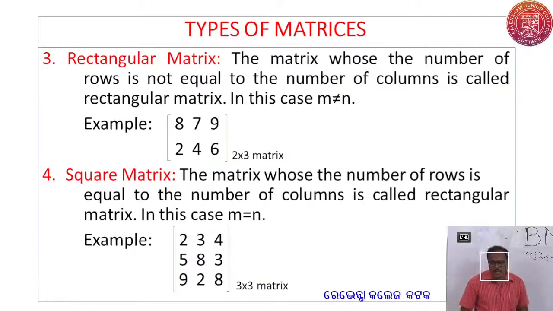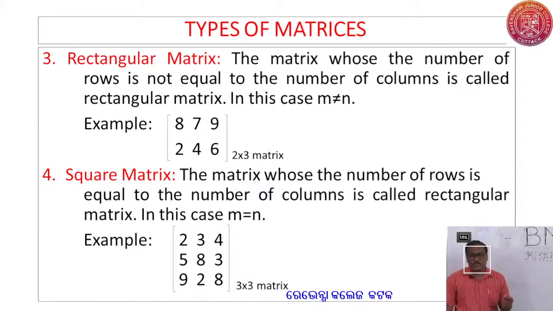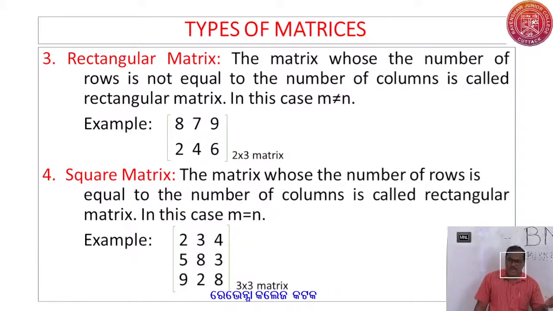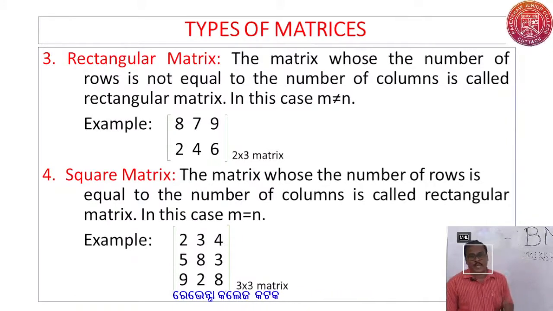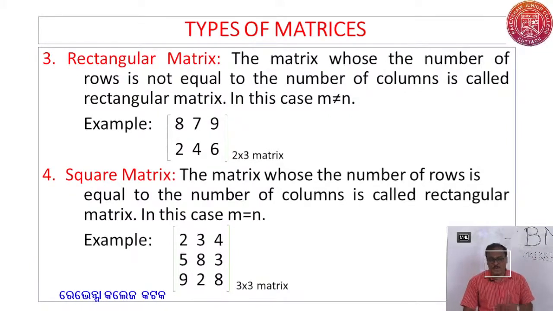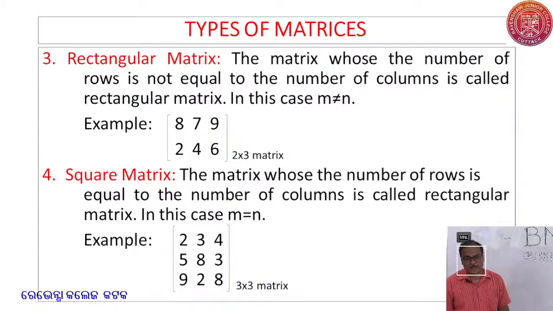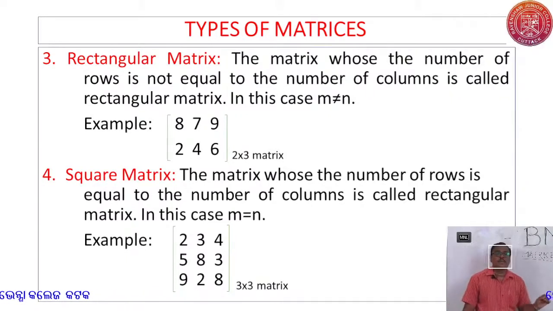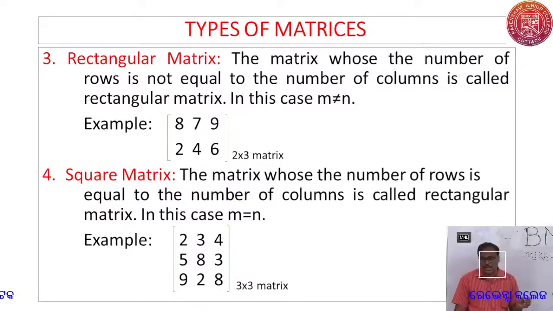In this example, I have given 2, 3, 4 in the first row, 5, 8, 3 in the second row, and 9, 2, 8 in the third row. Similarly on a column basis: 2, 5, 9 in the first column, 3, 8, 2 in the second column, and 4, 3, 8 in the third column.